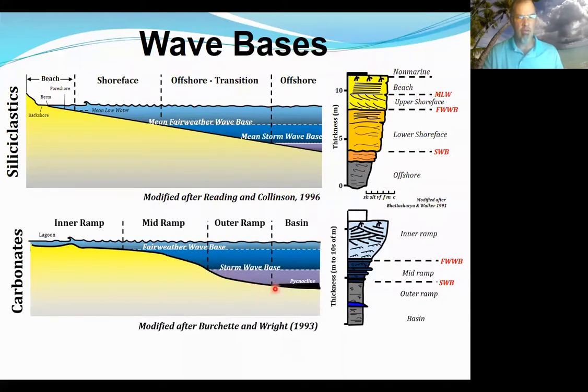Things deposited below storm wave base would be muddy deposits, maybe outer ramp; middle ramp is between storm wave base and fair weather wave base; and above wave base is inner ramp of the persistently agitated stuff. So storm wave base is the deepest occurrence or evidence for wave action. These paradigms are in both carbonate and siliciclastic systems.